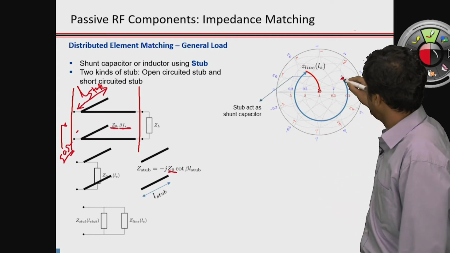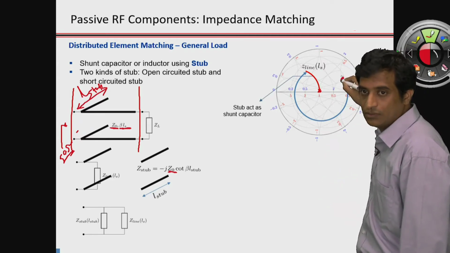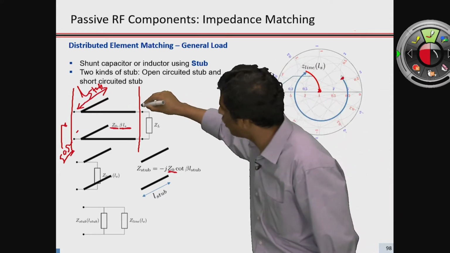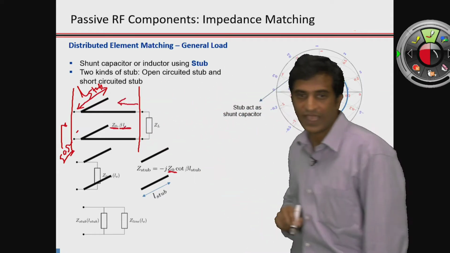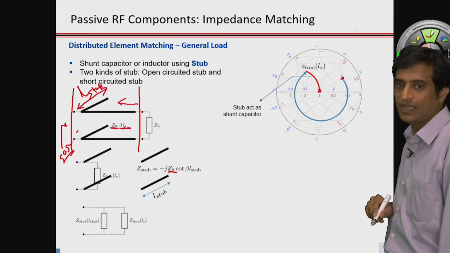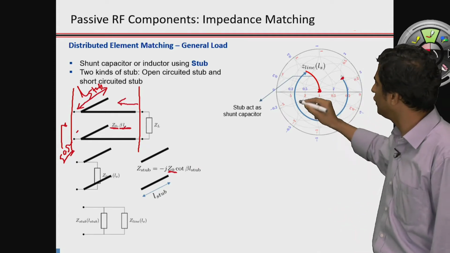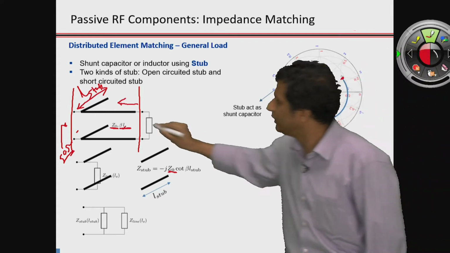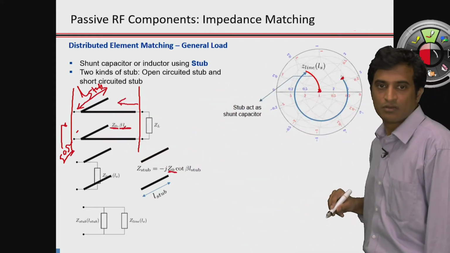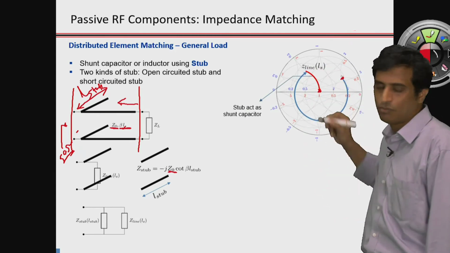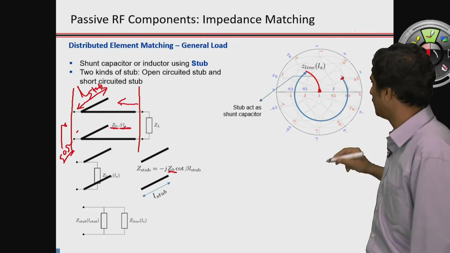We need to see that this particular ZL, we know that as we move along the transmission line, we need to move by a distance of Ls, so that we hit a particular point in the Smith chart where, when we connect this parallel stub, it gets nicely mapped, moves that particular point to 50 ohms.